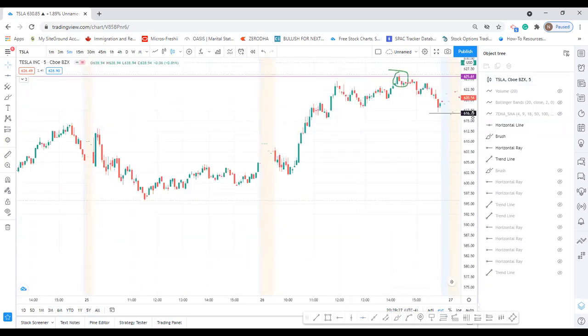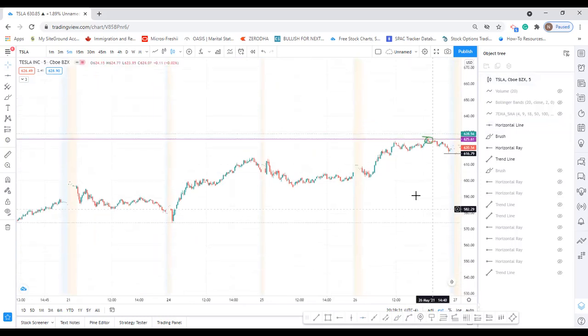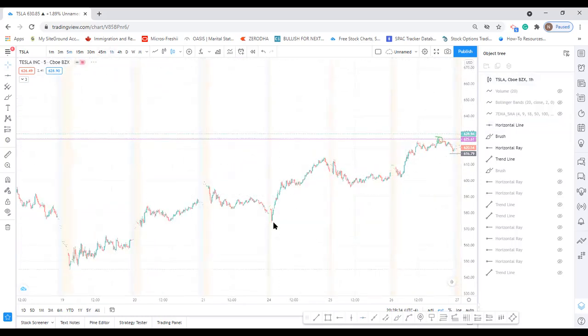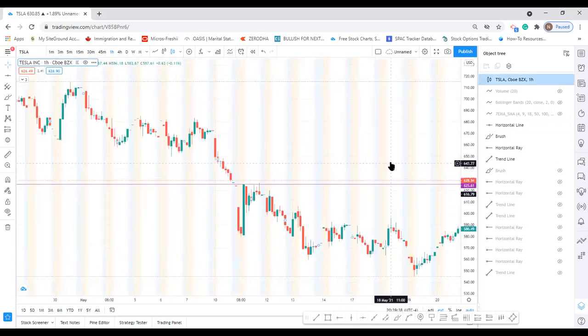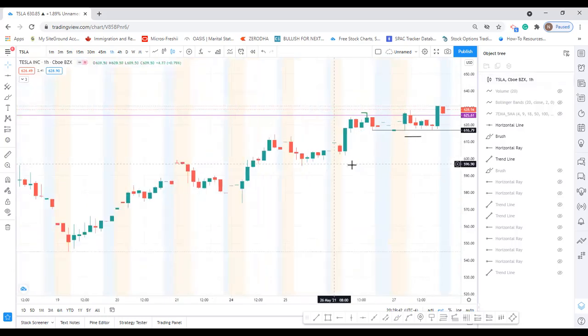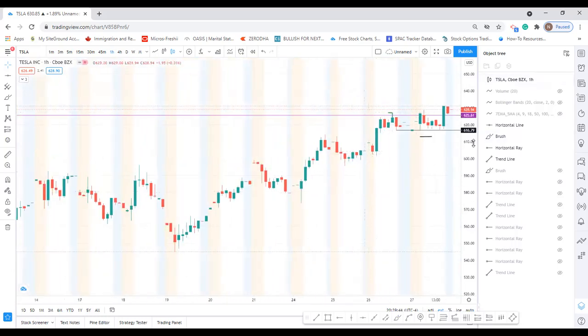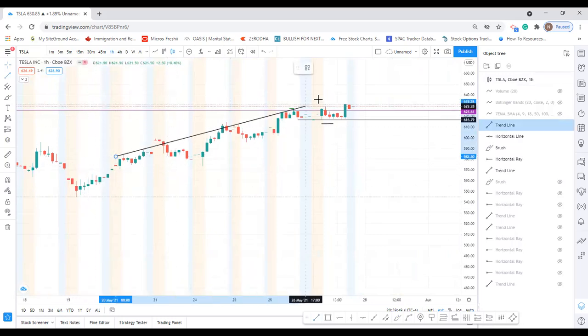That resistance area is from the trend line. I'm just going to draw the 1 hour chart. We were here somewhere, right? This area is getting resistance.